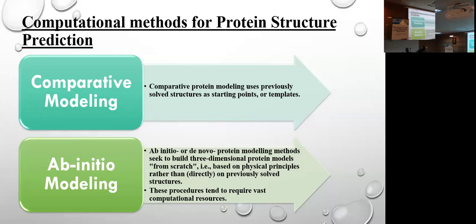So you go towards the approach of comparative modeling. But there are cases where you don't have a template or any information regarding the three-dimensional structure of that protein. Then you decide to go the route of ab initio modeling, also known as de novo protein modeling.